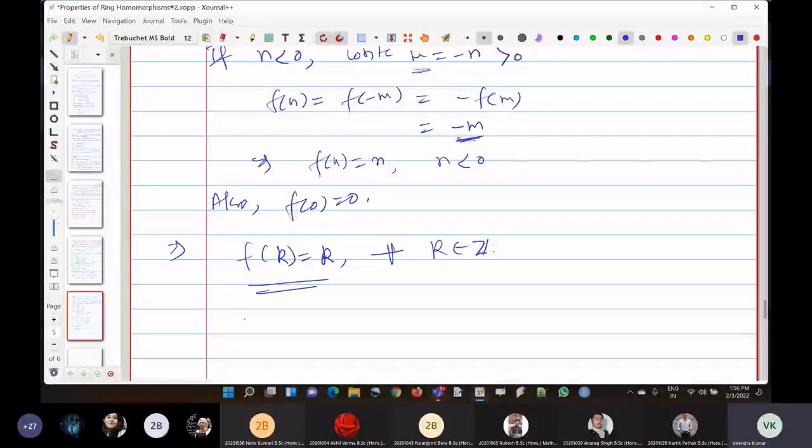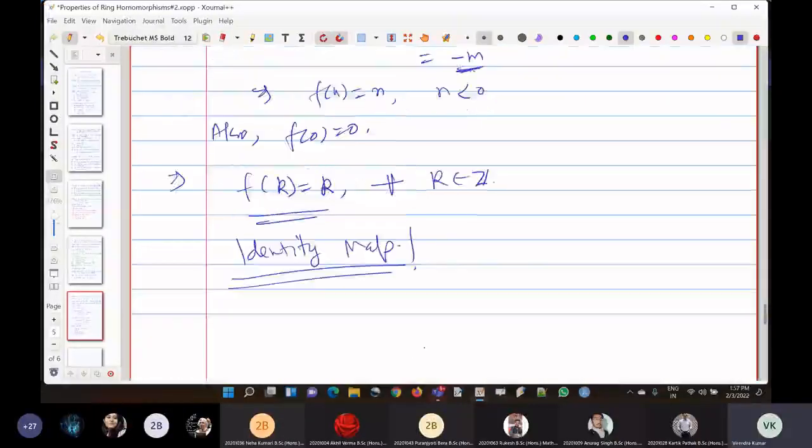And what is this map? This is the identity map. So the only homomorphisms on the set of integers are either the identity or identically 0. So with this, let us conclude the discussion for today.